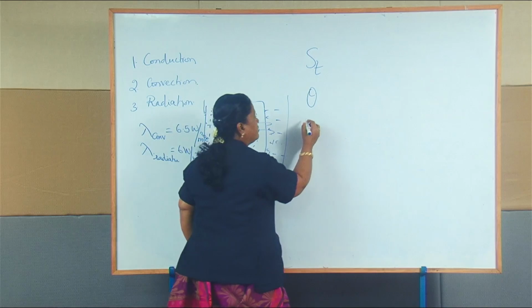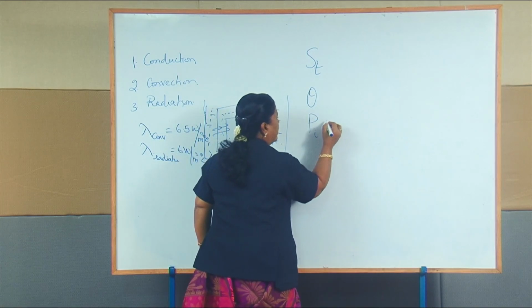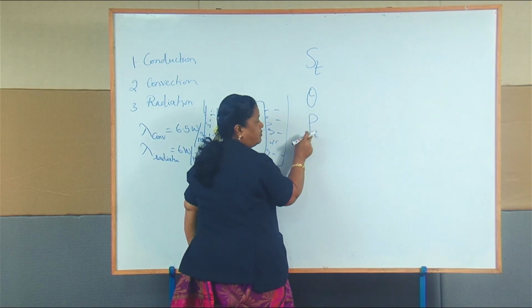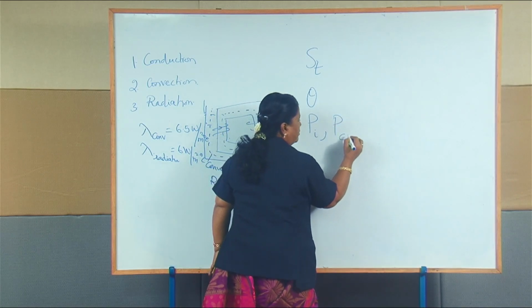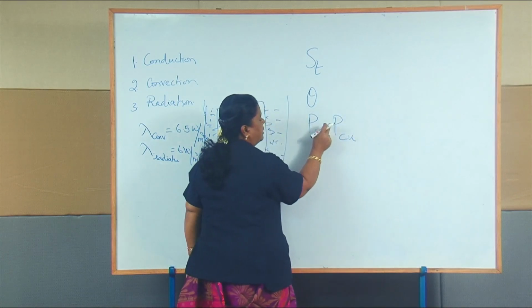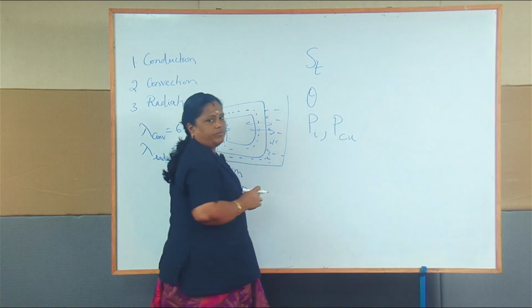So what are all the losses that occur in a transformer? One is iron loss, which is represented by Pi, and the other one is copper loss, represented by P suffix Cu.